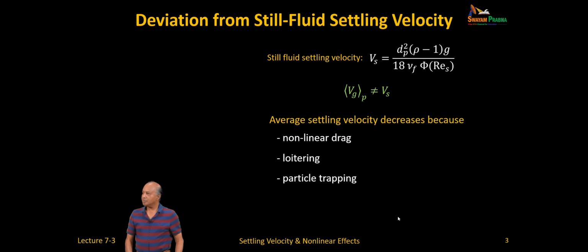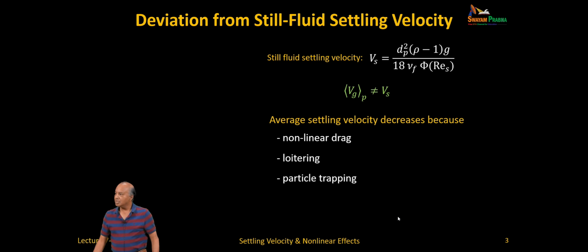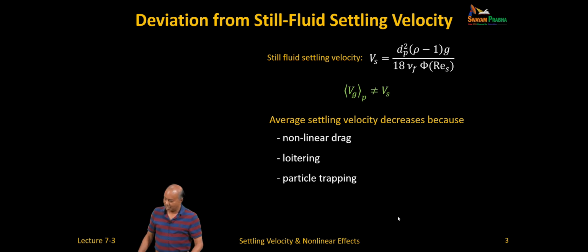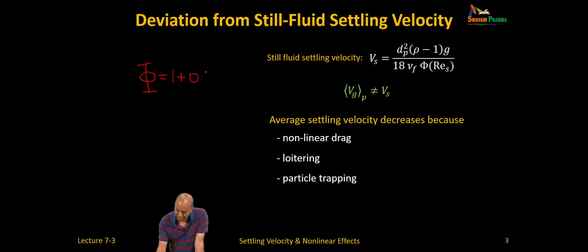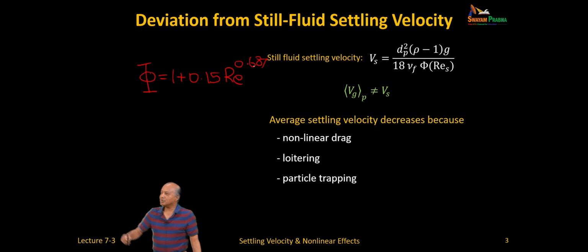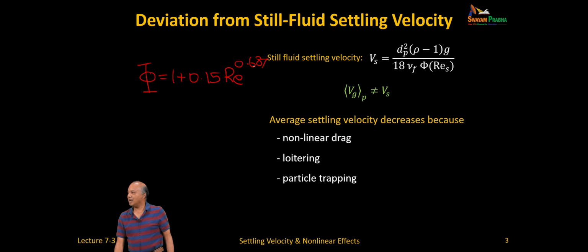What is the phi of Re_s? That's the finite Reynolds number correction. You remember this is one correlation, because most of what we are talking about is what happens when the particle Reynolds number increases.